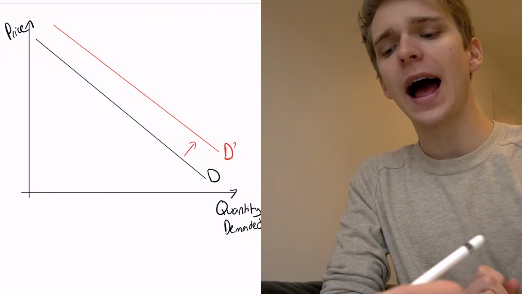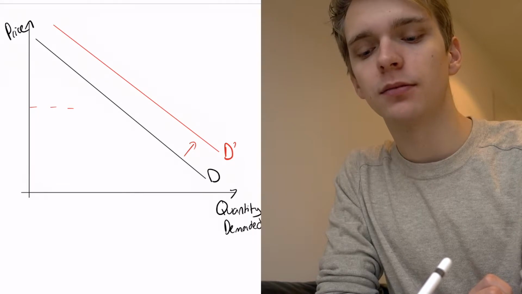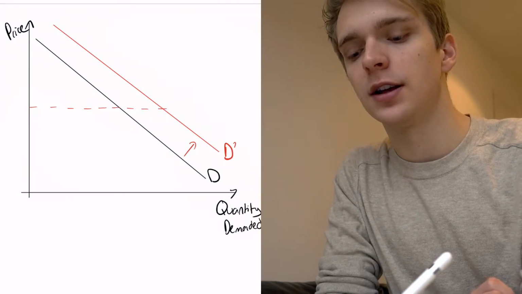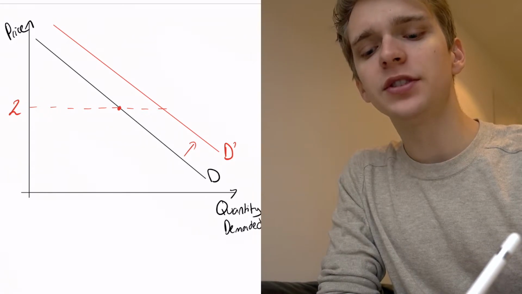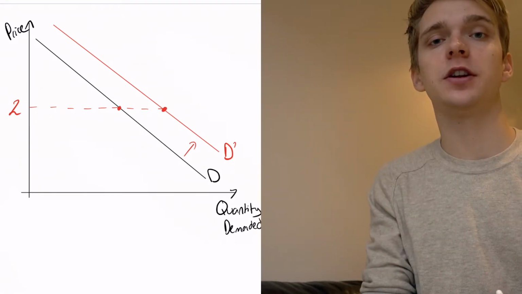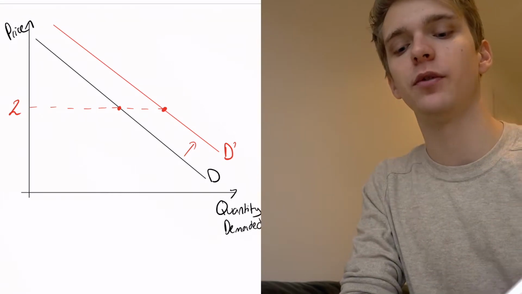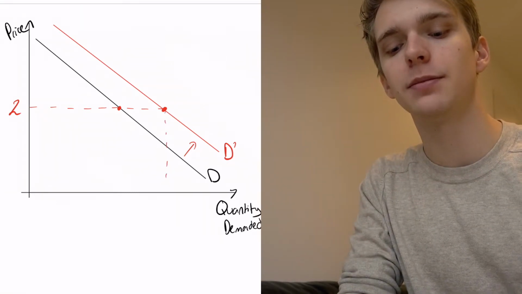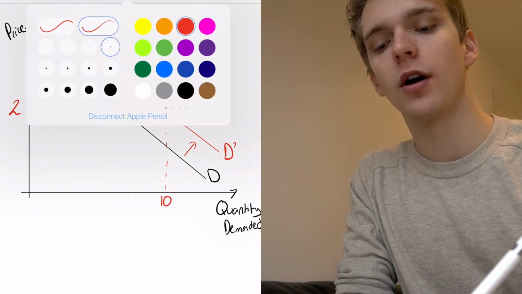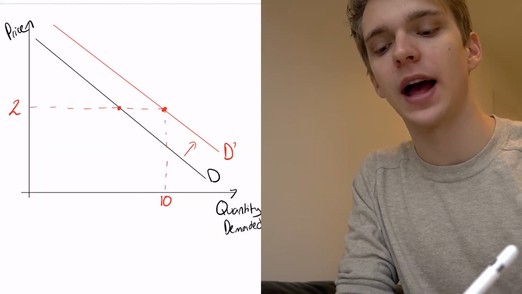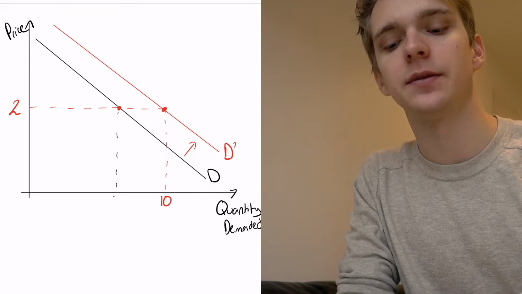Well, it shows that at any given price, so if we take this price here, suppose that price is €2, the quantity demanded after the shift in the demand curve is higher than it was before. As you can see, the quantity demanded after the shift might be 10, whereas before the shift it was only, let's say, 7.